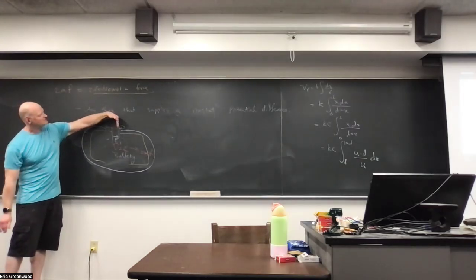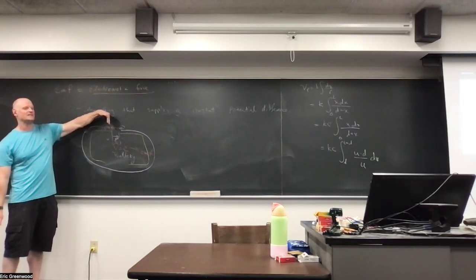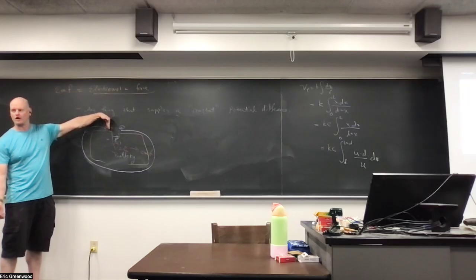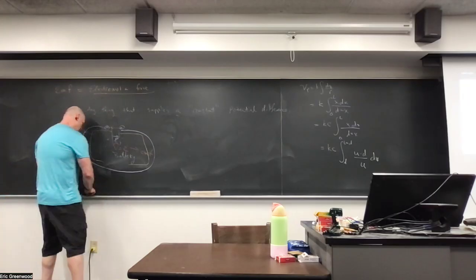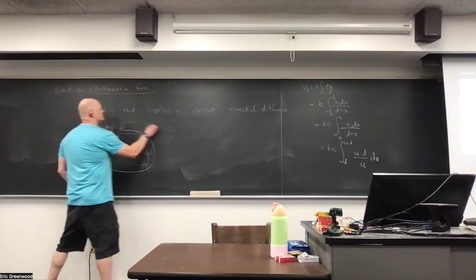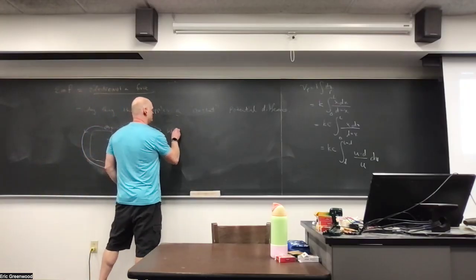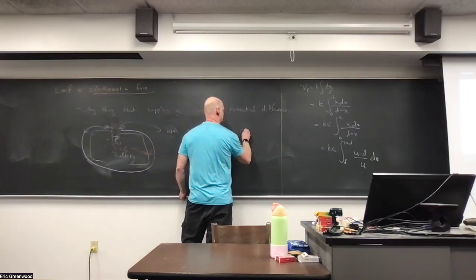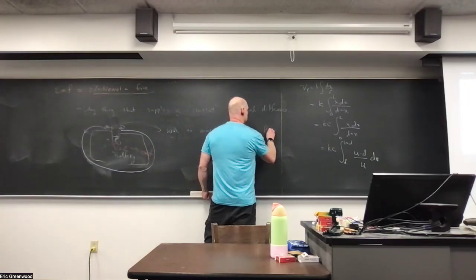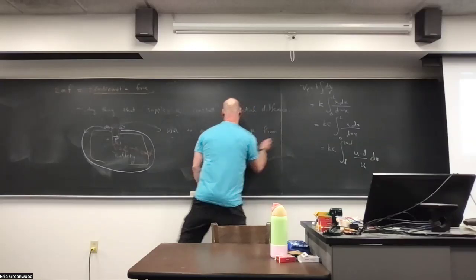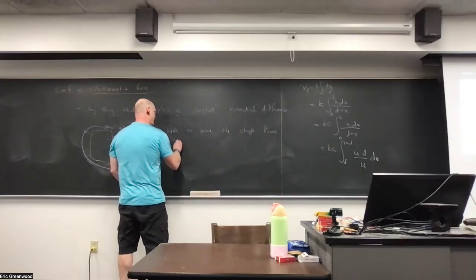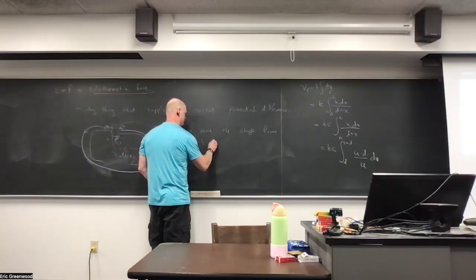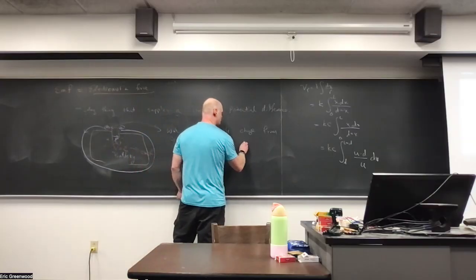So the battery supplies enough energy to move from this plate to this plate by doing work. Okay, so the battery supplies the work. So this guy supplies the work to move the charge from the negative plates to the positive plates.